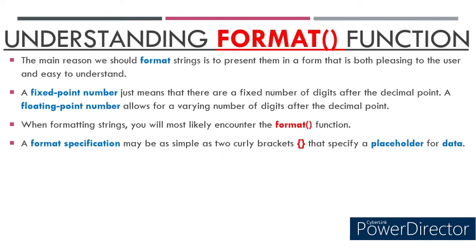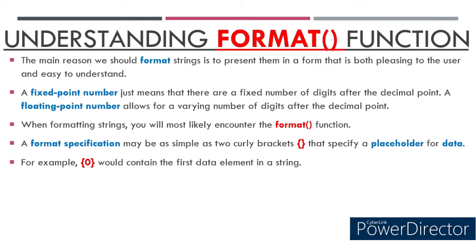You can number the placeholder to create special effects. For example, a 0 in the curly brackets would contain the first data element in a string. When the data elements are numbered, you can even repeat them so that the same data appears more than once in the string. The formatting specification follows a colon.